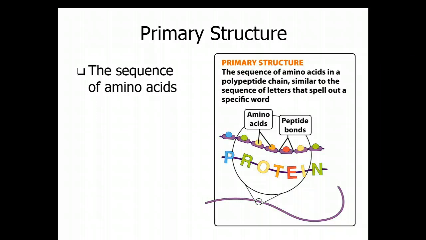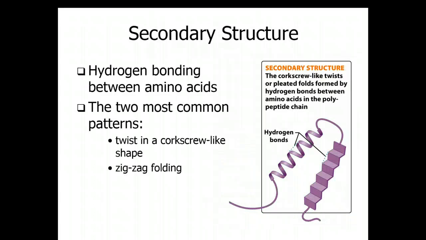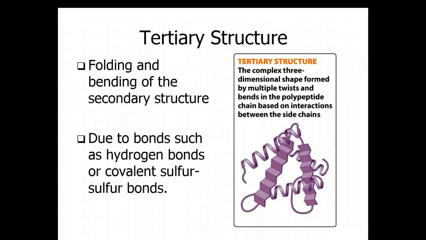So just to review, the primary structure is the amino acid sequence of a particular protein. And then we have the secondary structure, which is hydrogen bonding between the amino acids. We start to form these twists and corkscrew-like shapes, and then zigzagging folding of these pleated sheets, as we see here. And that is the secondary.